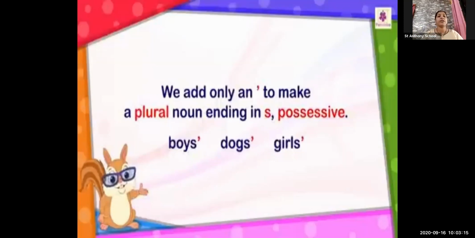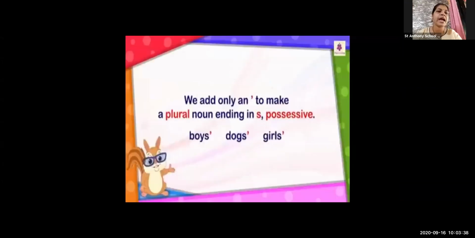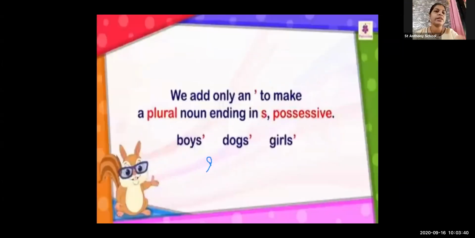But when I want to talk about the boys, I'll say that this row is only boys. So when I talk about the plurals, the many ones, that is the plural noun, that time we only have to put an apostrophe. We don't have to add s after that. Only the apostrophe will come.